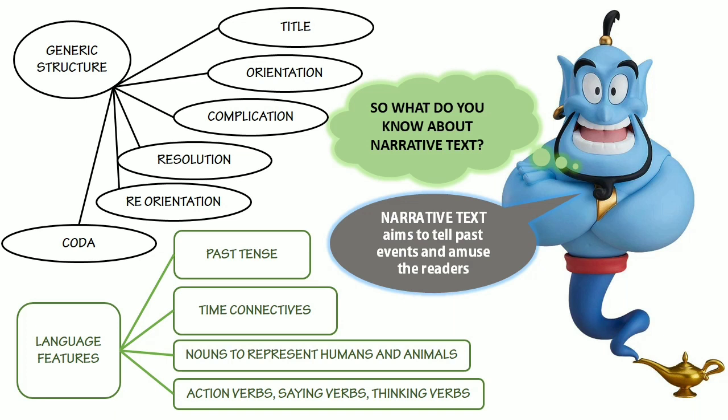Untuk generic structure, narrative text terdiri atas title, orientation, complication, resolution, reorientation, dan coda. Dalam penyusunan narrative text, kalimat-kalimat yang digunakan umumnya menggunakan past tense. Selain itu, narrative text menggunakan noun sebagai kata ganti orang atau binatang, menggunakan action verb dan saying verbs, serta menggunakan time connective.